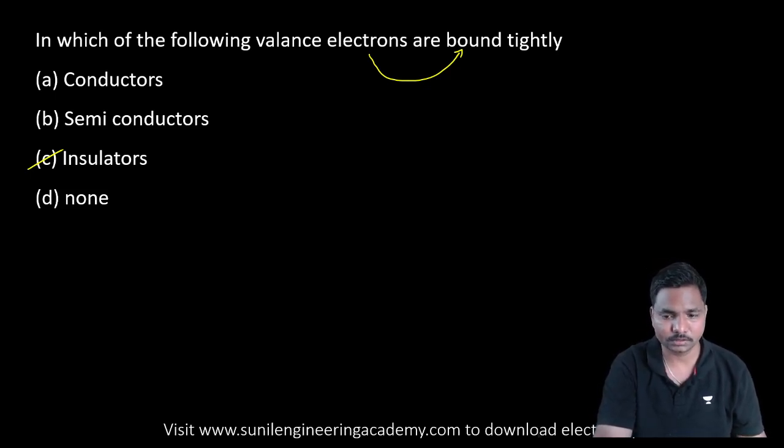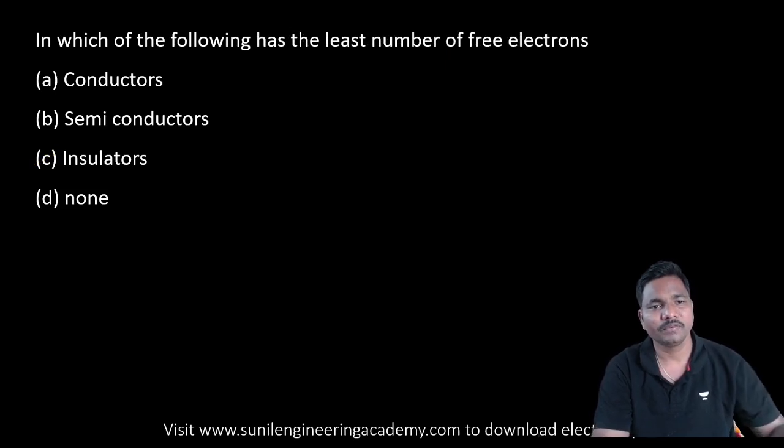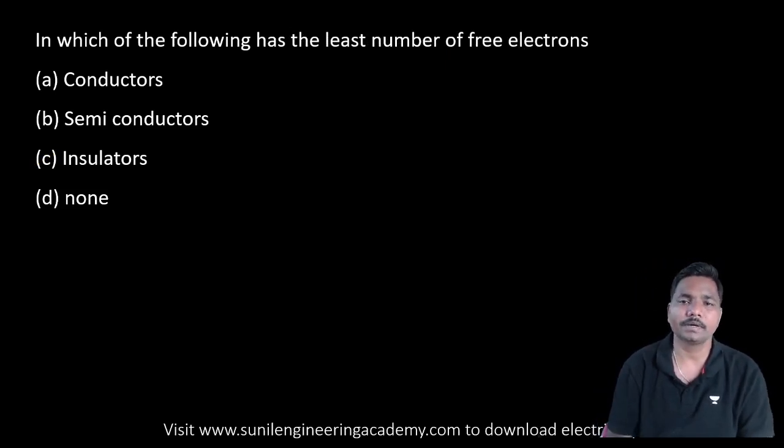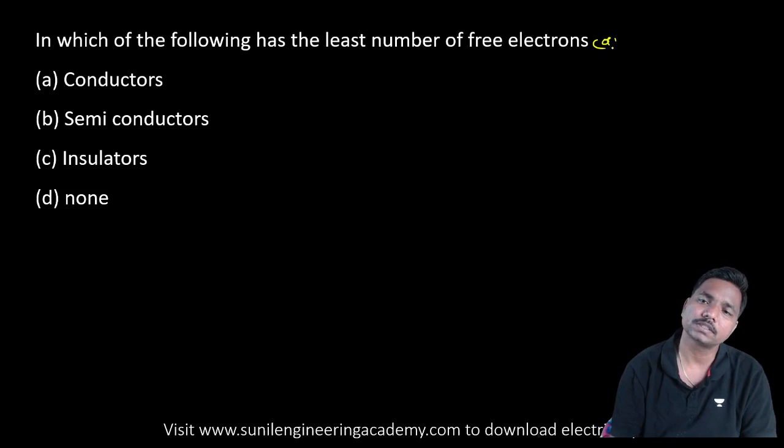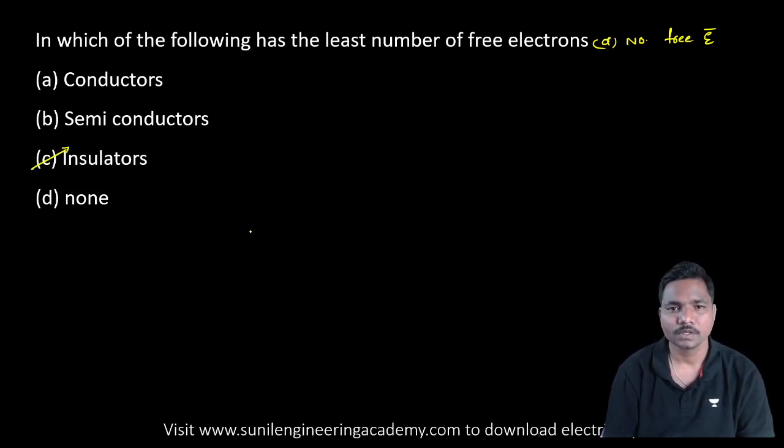Coming to the next question. Which of the following has least number of or no free electrons? Least number or no free electrons. In case of insulators, we don't have free electrons. So whenever there are no free electrons, then there is no electricity.